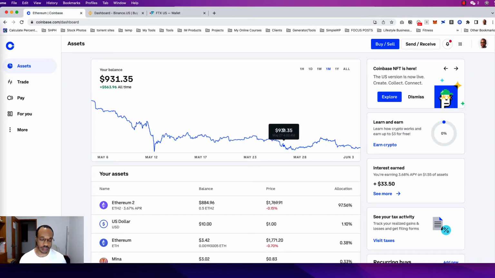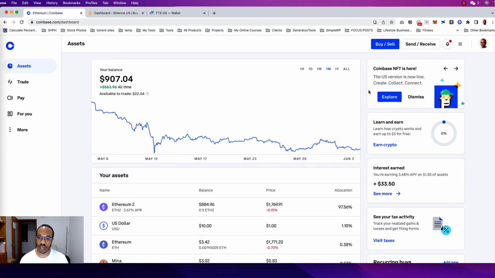The other thing to consider is, how easy is it to make deposits? For all three of them, they are about the same. You can deposit your fiat currency, your US dollars. You can connect the bank account, then deposit, and it just shows up.